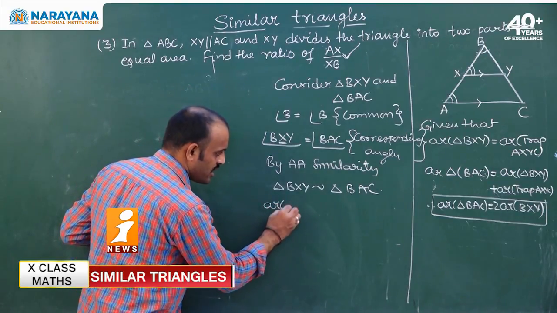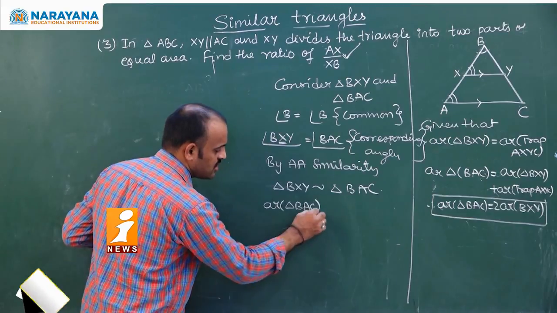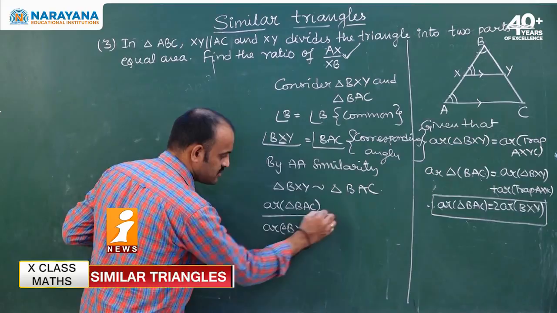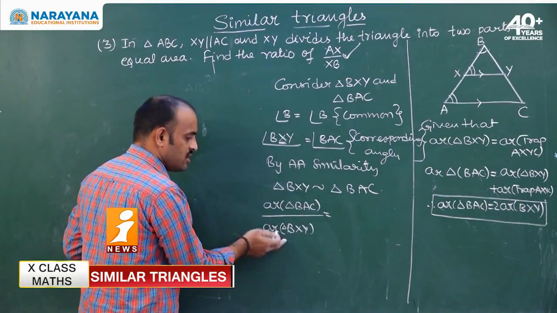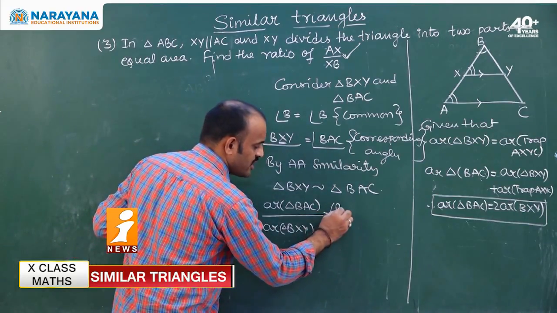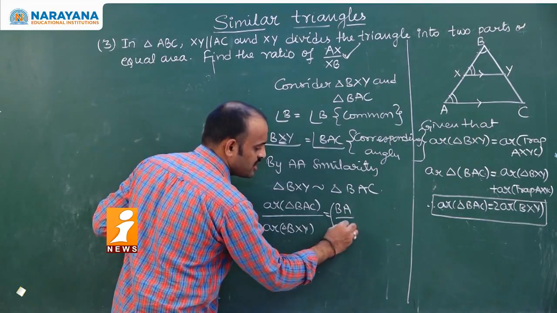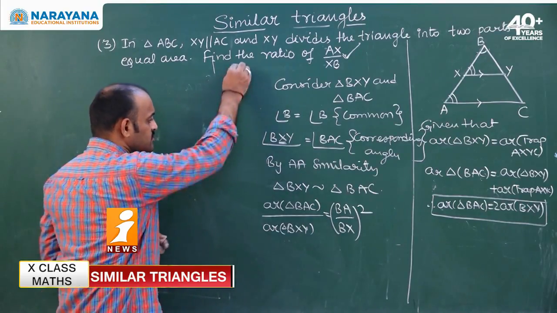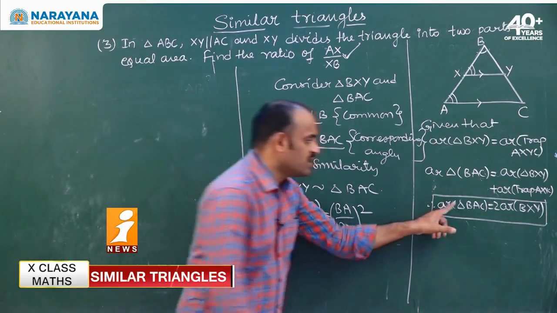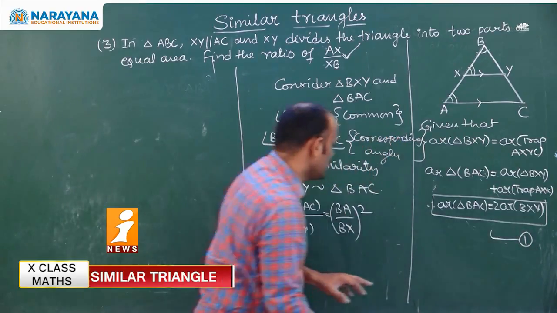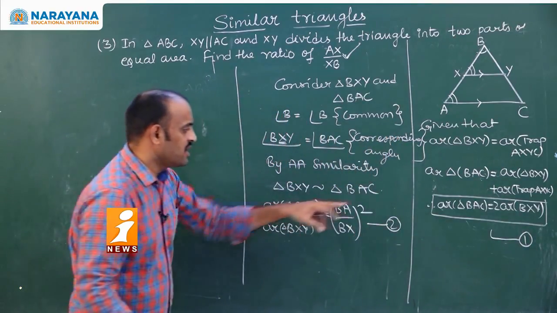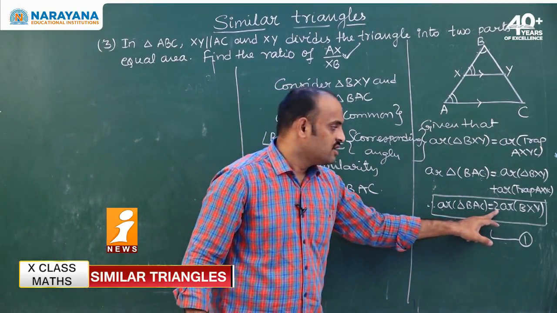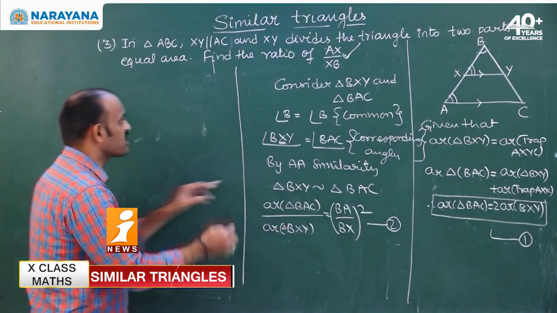That means area of triangle BAC by area of triangle BXY, as they are similar triangles, is the square of the ratio of the corresponding sides. From equation 1 and equation 2, instead of area of triangle BAC, I can write 2 times area of triangle BXY.